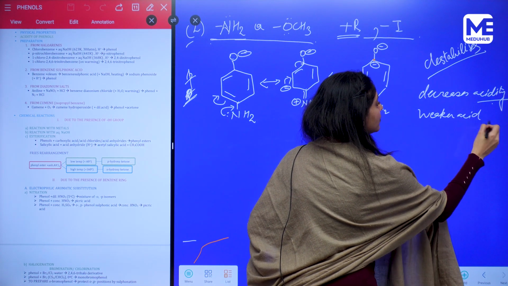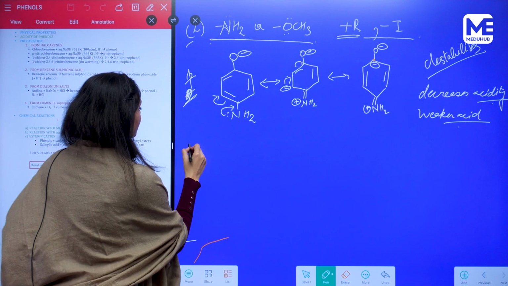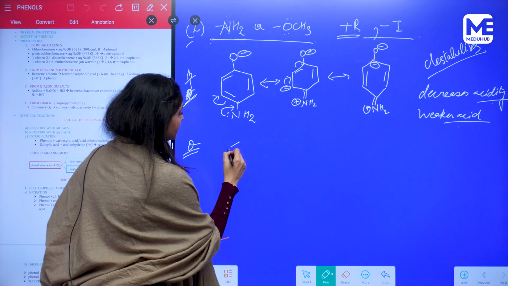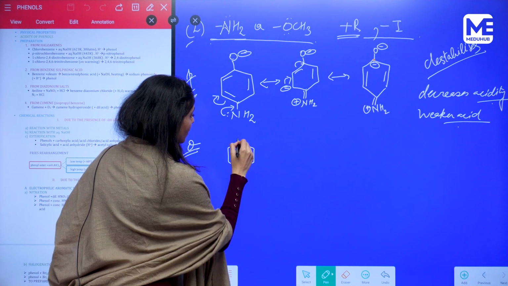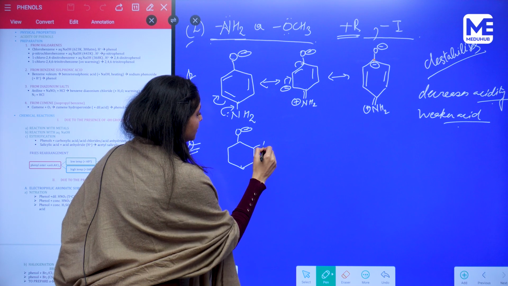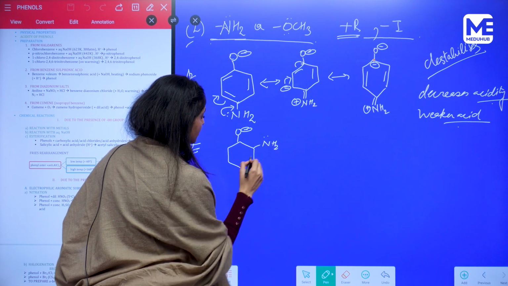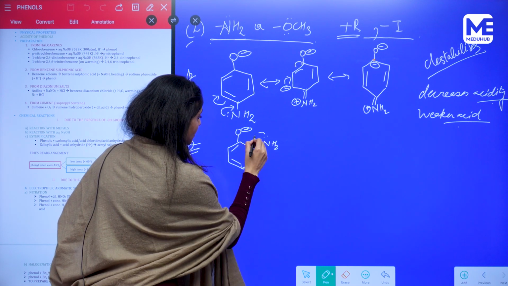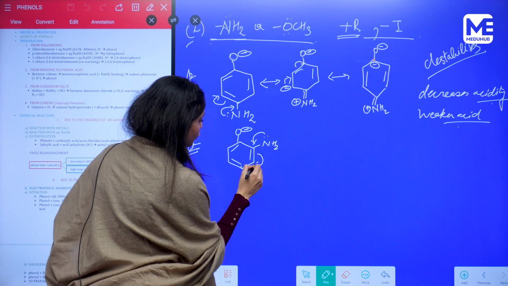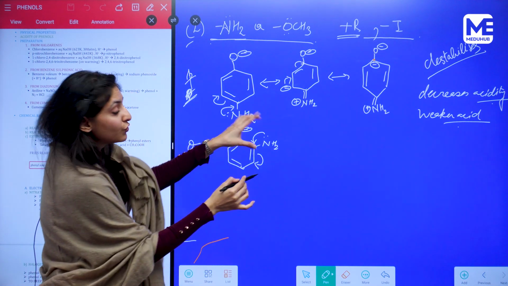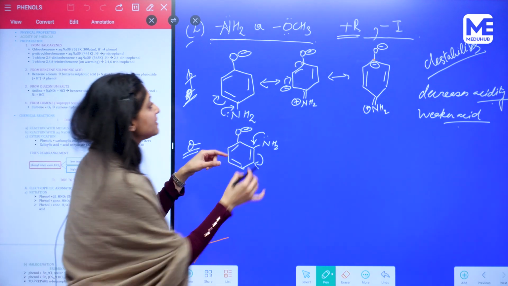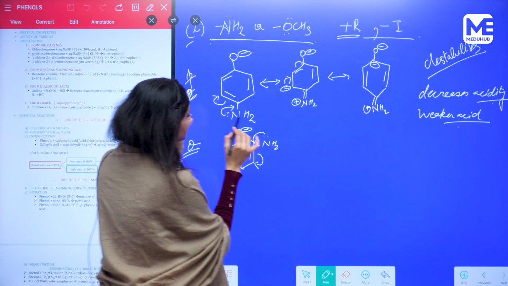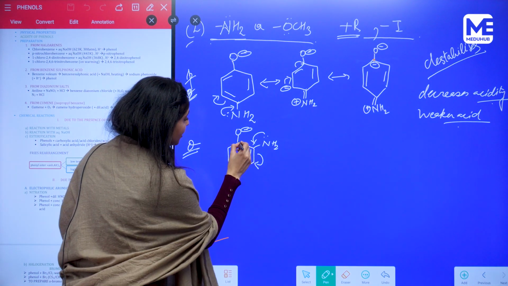than phenol. Okay. Similarly, if you talk about an orthoisomer, phenoxide ion, NH2 here, this will move here, this would want to move here, and eventually when you draw the resonance structures, you will realize that the negative charge is again coming at this particular carbon.